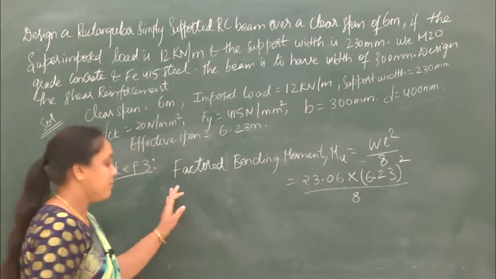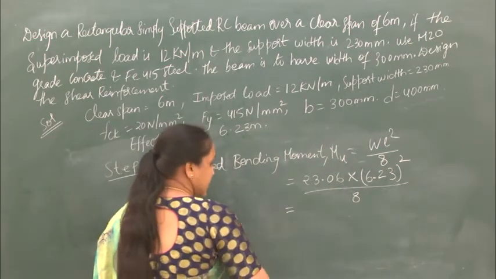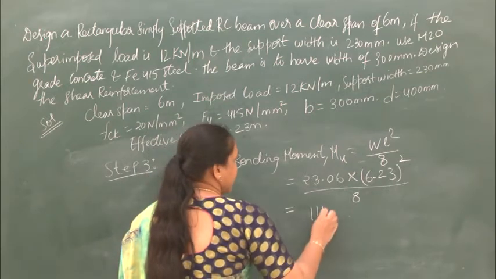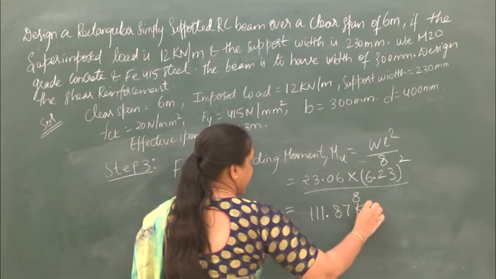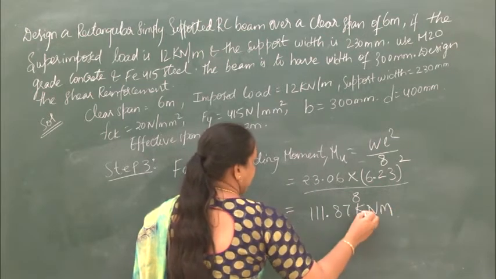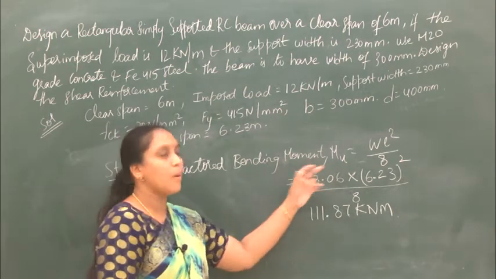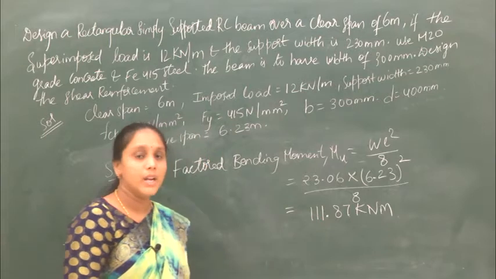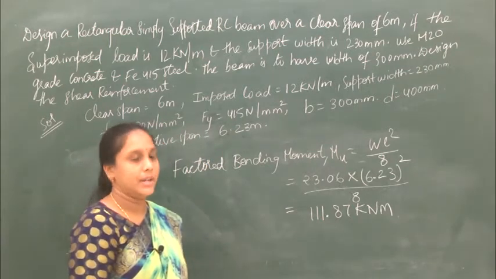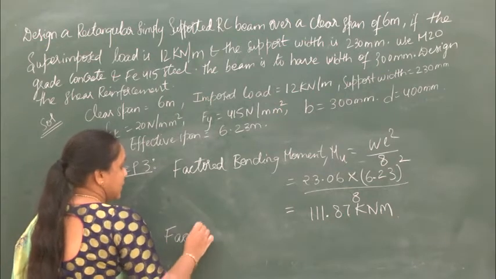If you calculate this, you will get a value of 111.87 kilonewton meter. So this is the factored bending moment Mu, which is 111.87 kilonewton meter.